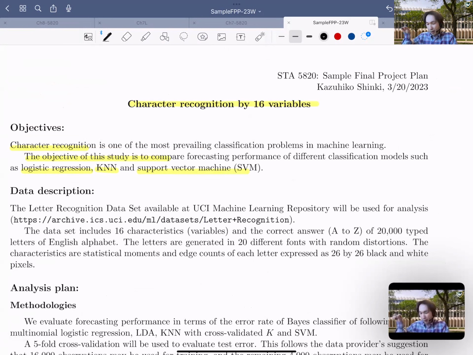Suppose we have white and black pixels, and the 16 variables summarize those 16 by 16 pixels: maybe the average height of the black dots, the horizontal location of the black dots, or the number of black dots.